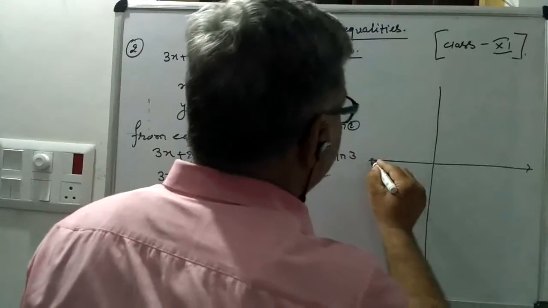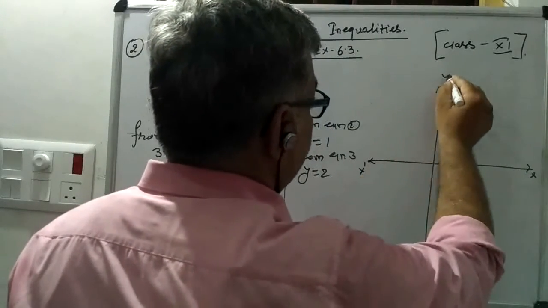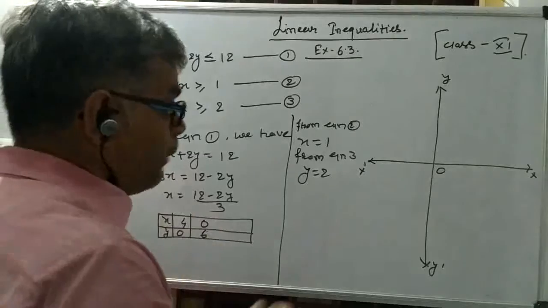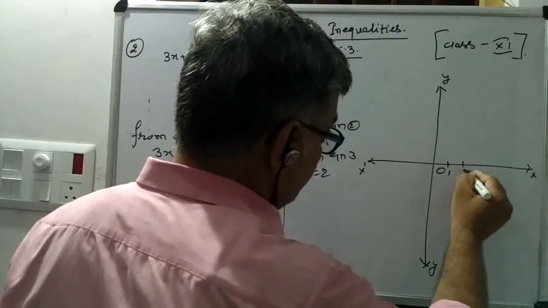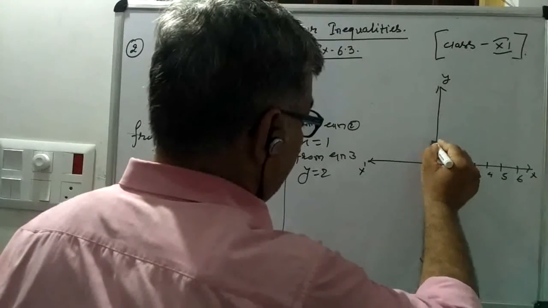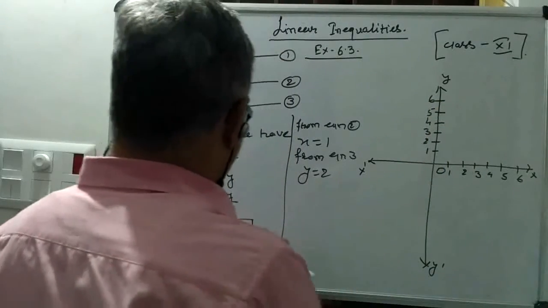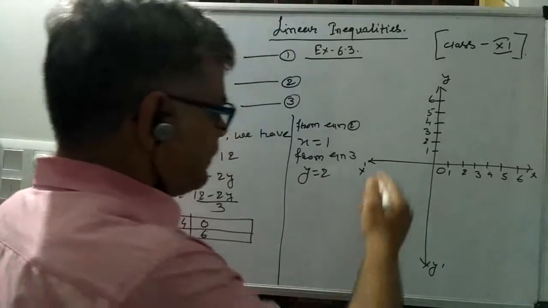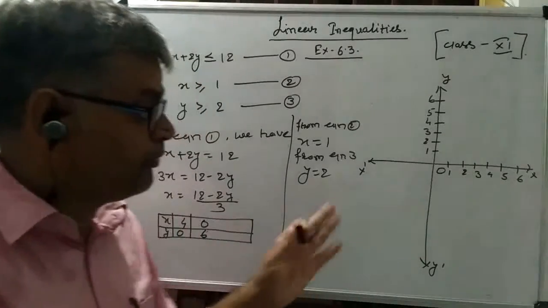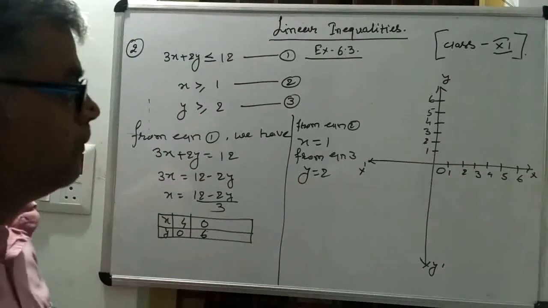Suppose this is the Cartesian plane: x-axis, x dash axis, y-axis, y dash axis, and this is the origin. On the x-axis mark 1, 2, 3, 4, 5, 6. On the y-axis mark 1, 2, 3, 4, 5, and 6. There are no negative integers, so leave the negative x-axis and y-axis. We have no need of that in this question.